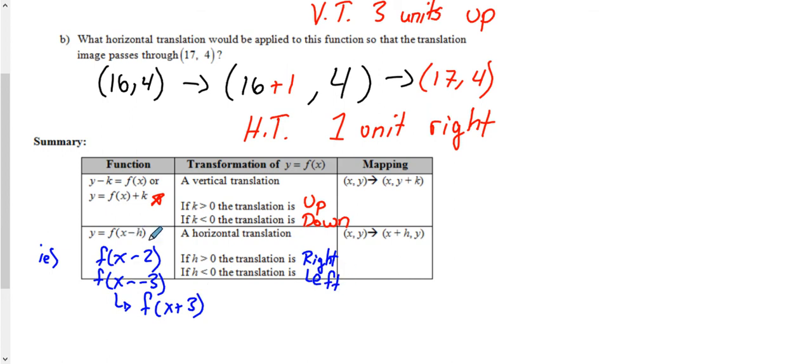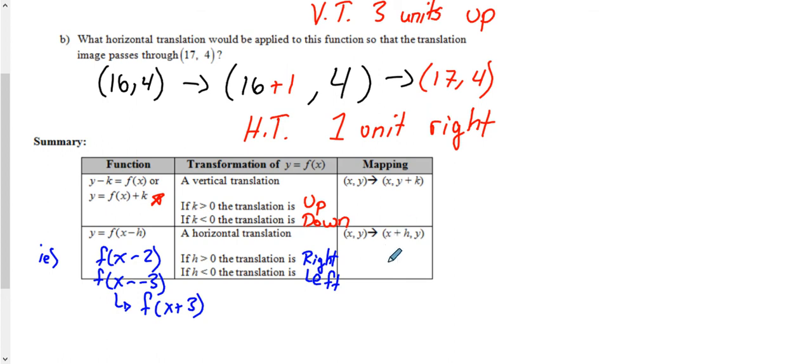So again, it all depends on this h value. If it's greater than 0, we pick x minus a number greater than 0. Then if it's less than 0, it's going to have this double negative action where we clean up the equation and it has to move left.